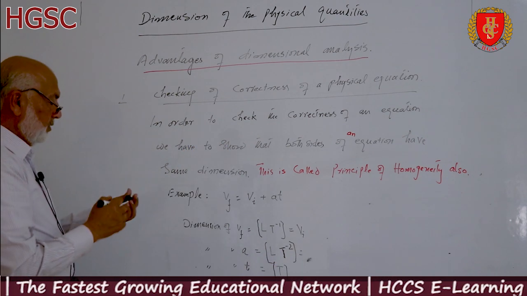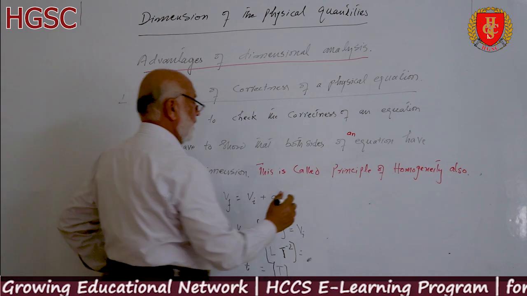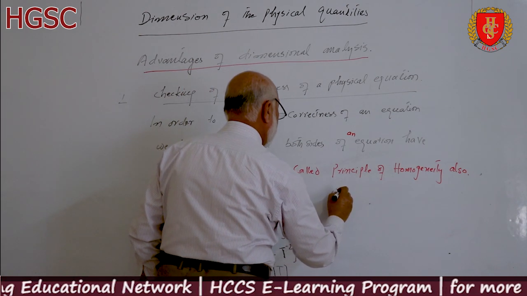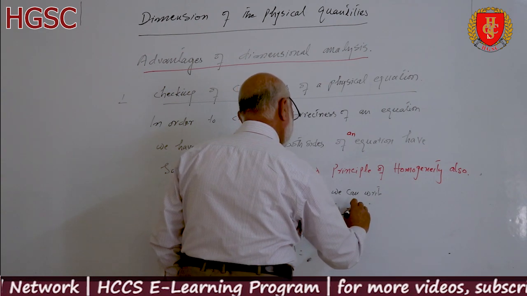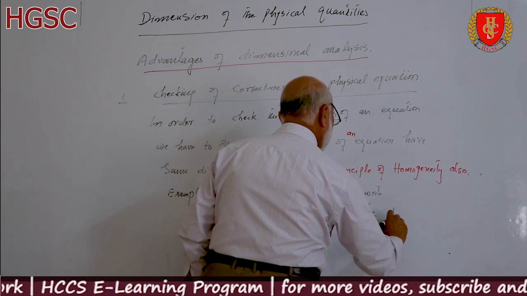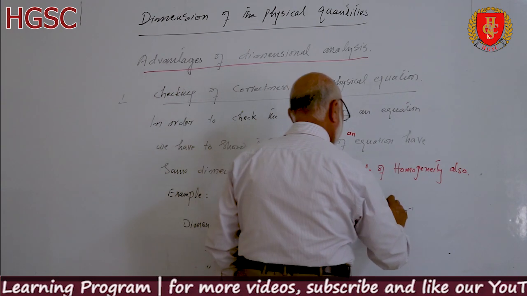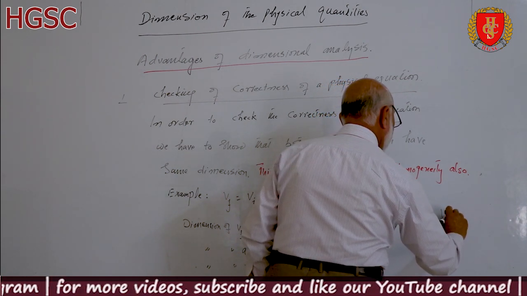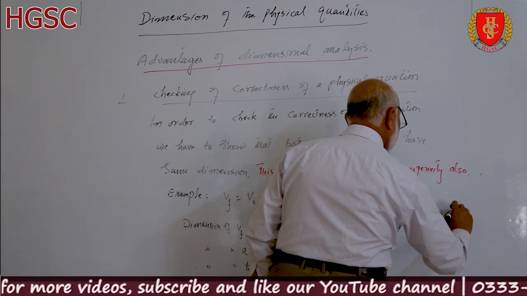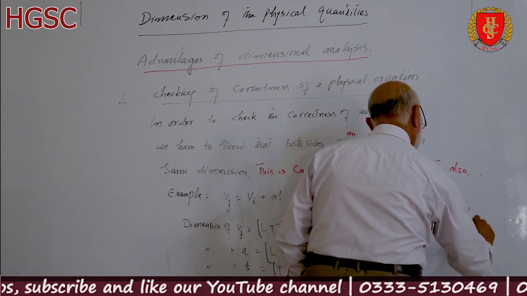So we put these values in this equation. We can write L t minus 1 is equal to L t minus 1, the dimension of Vi, plus L t minus 2 into t.